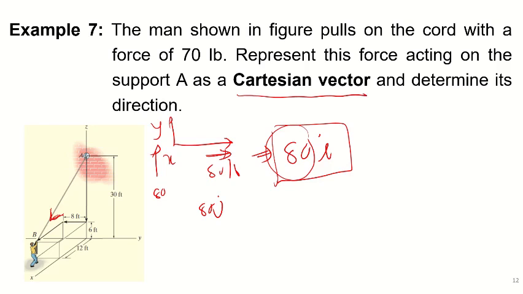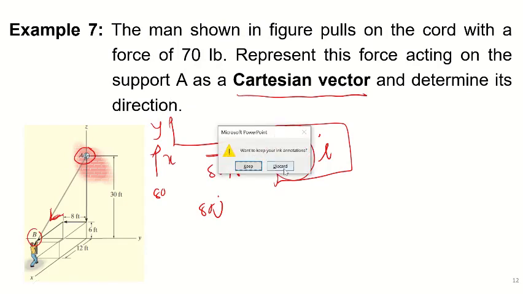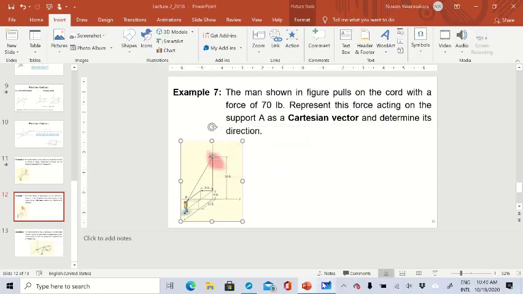Can we find the vector AB? Yes, right? Because we are given the coordinates of A and B. So we can find the coordinates of A and B, then we can find the unit vector in the AB direction. So let's see how.